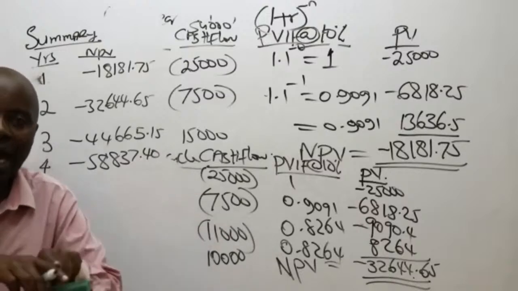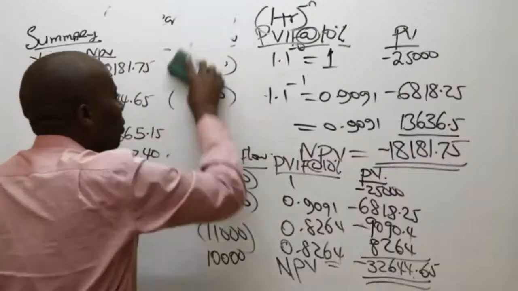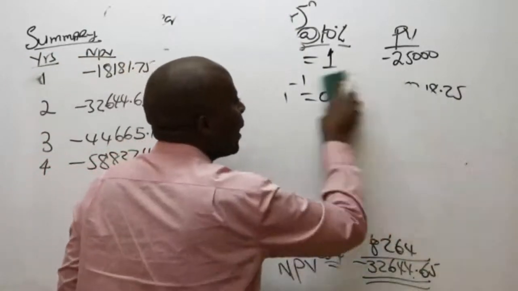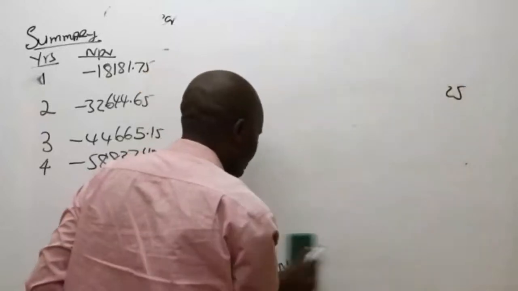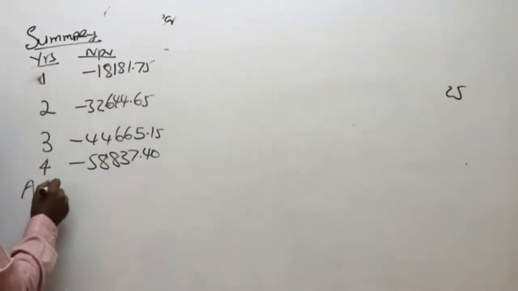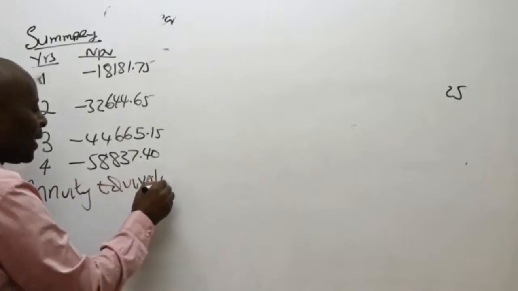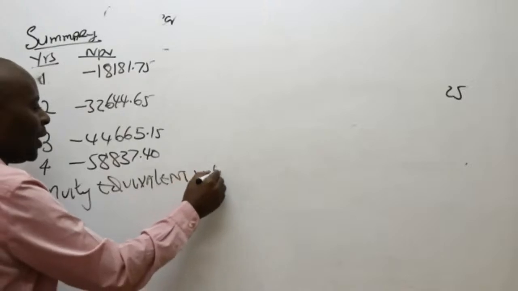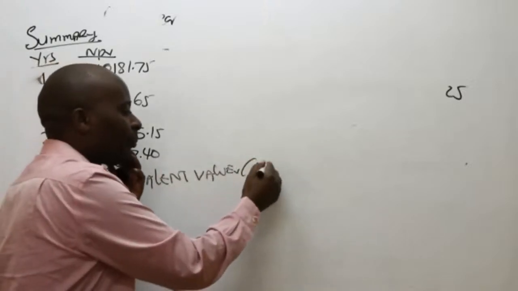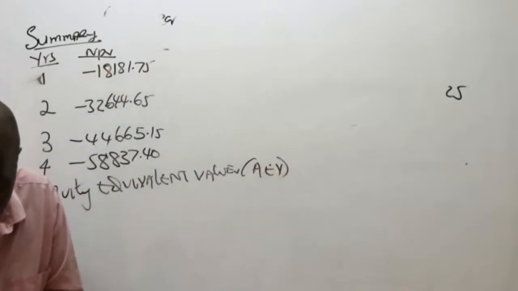We need to find an average. And for us to standardize, get an average in the usual financial management way, we shall get what we call an annuity equivalent value, the AEV.